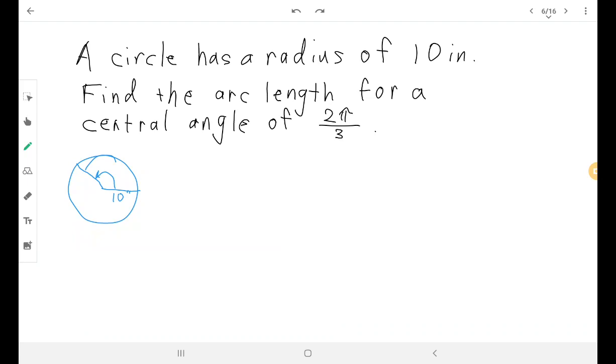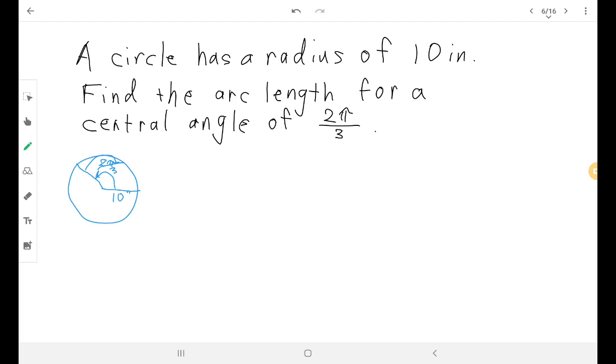So this is 2 pi over 3 radians, and the beautiful part of being given radians in this scenario is that we have a ridiculously easy formula.